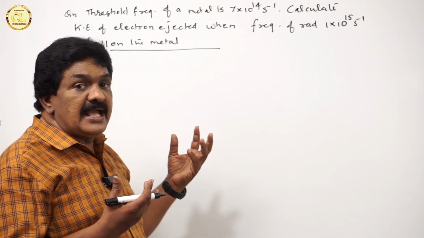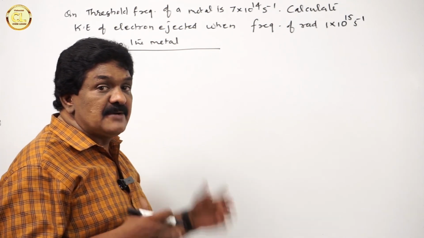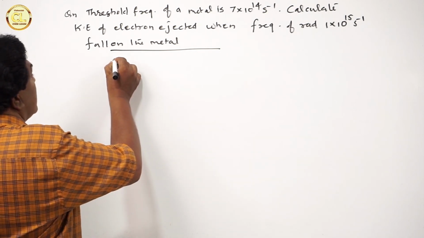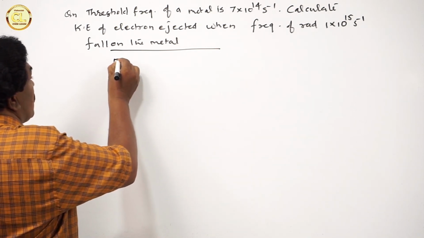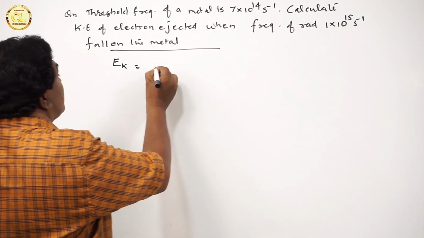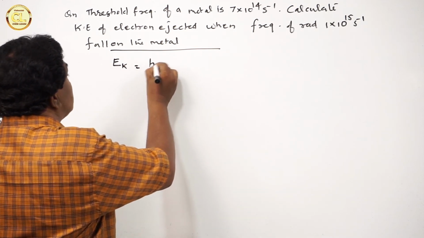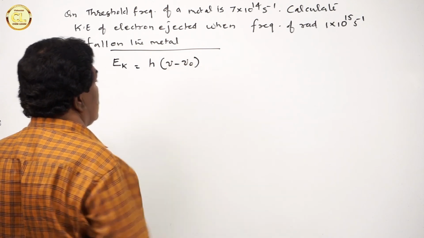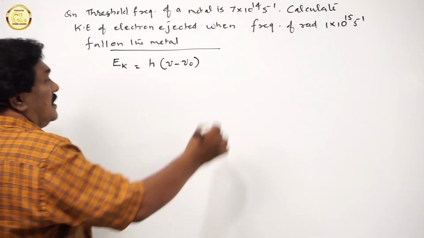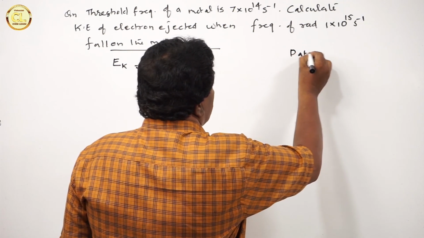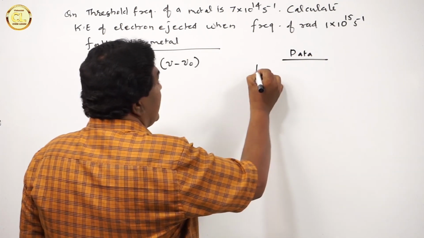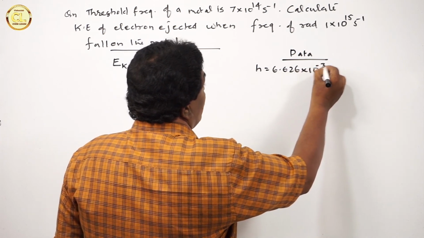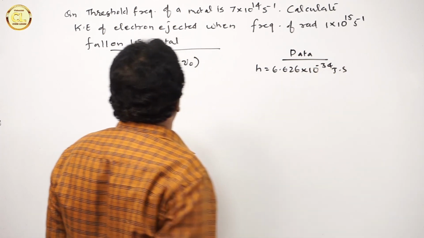Now we can apply the theory or principle of the photoelectric effect here. Kinetic energy of the ejected electron, EK, is equal to h into nu minus nu zero. Data given in the problem: h is 6.626 into 10 raised to minus 34 joule second, that we know.